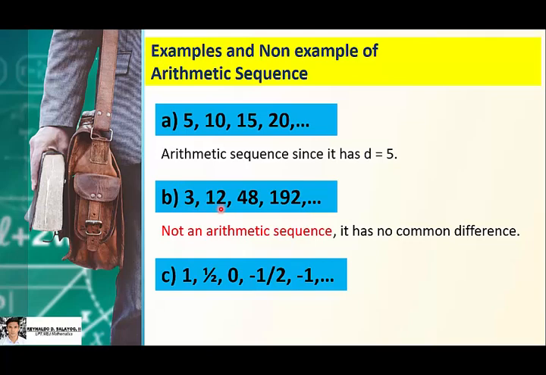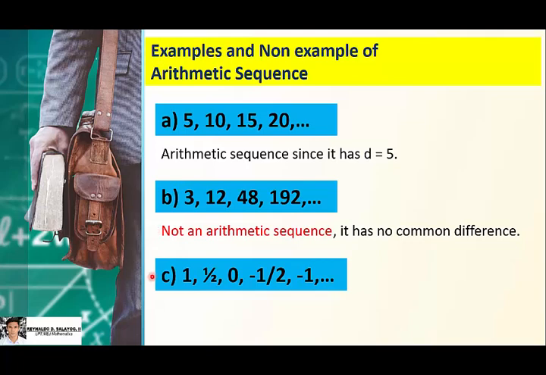But when we subtract 12 from 48, we will obtain 36. So, they don't have any common difference. Since that is our observation about the second number sequence, we can say that this number sequence is not an arithmetic sequence because it has no common difference.